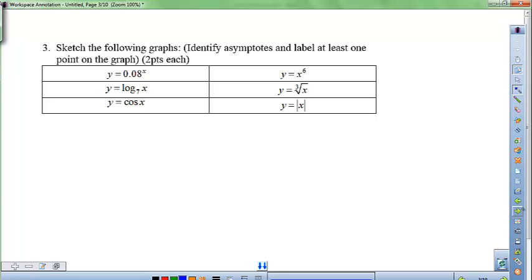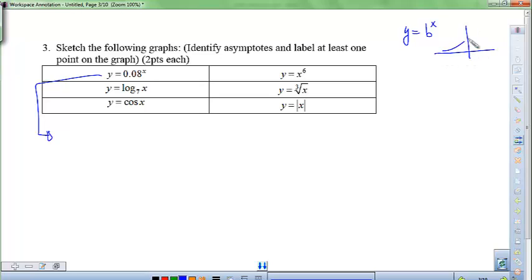Problem number 3 is asking us to sketch the graphs, identify asymptotes, and label some points on the graph. Alright, let's see if we can do this neatly. This one is an exponential function where the base is less than 1. So y equals b to the x.